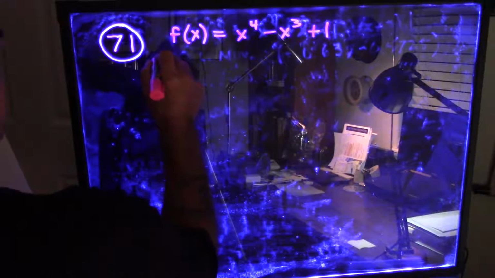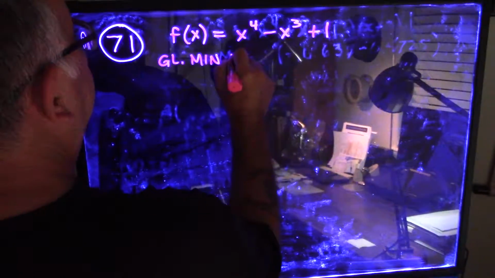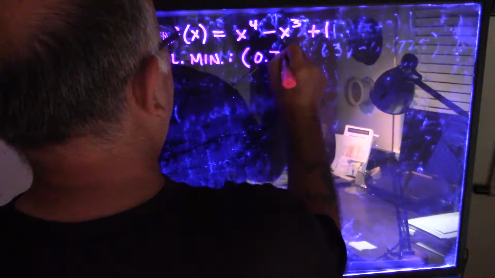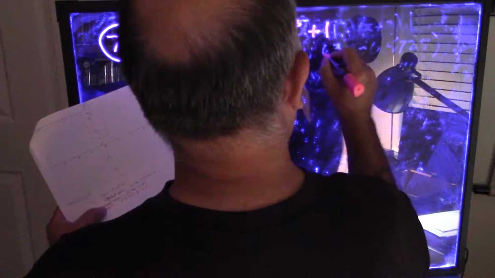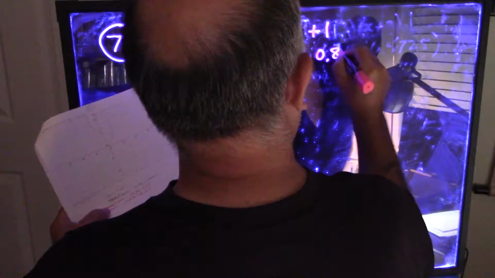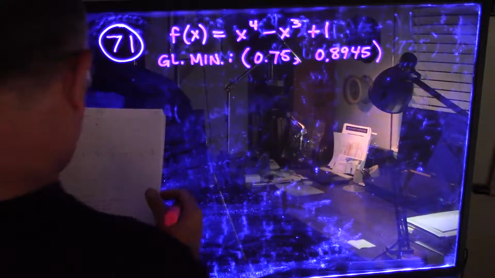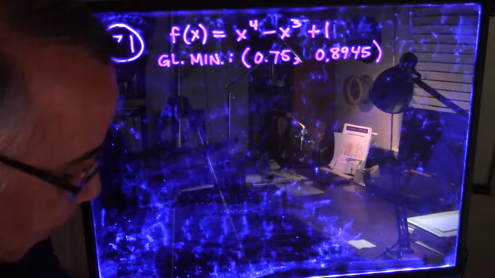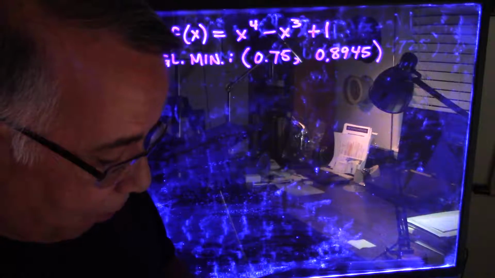And there is a global minimum at 0.75, 0.8945. Now this differs from the answer in the book. The answer in the book has a global minimum at 0.75, negative 1.11.